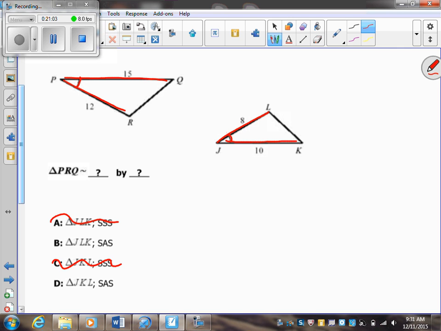Then you have to make sure that if this one starts with P, P is congruent to what? J, right? So you have to pick the one that starts with J. Then from P they went to R, to the smallest side. Then you have to do from J to L to the smallest side. So that's the one you have to pick.